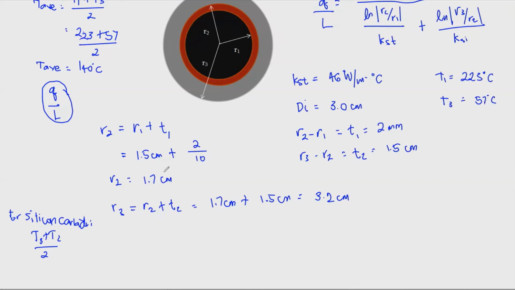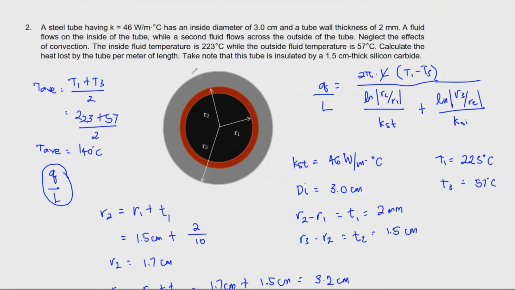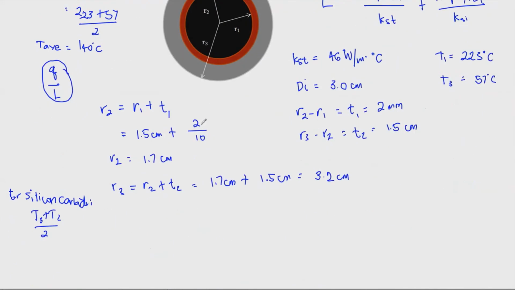But if we consider this one, that is 140 degrees Celsius, and we know that this is for T1 and T3. If T1 is higher than T2, and then we consider T3, then supposedly the average temperature should be lower than the average we obtained from these two temperatures.